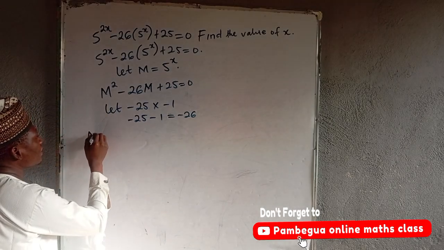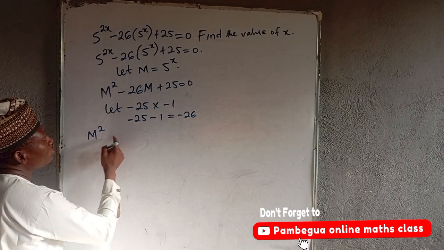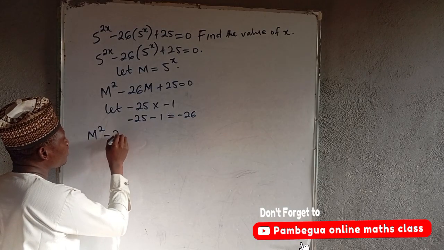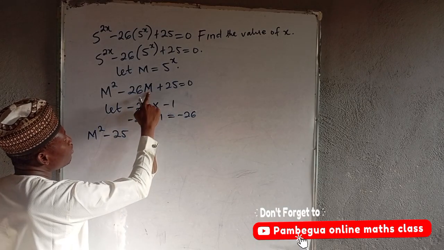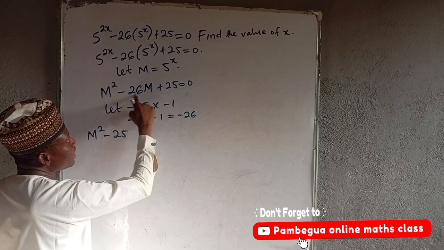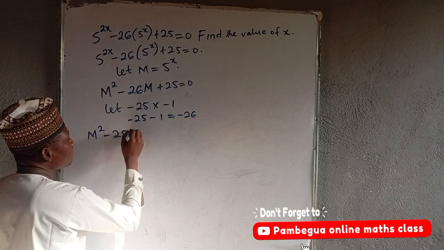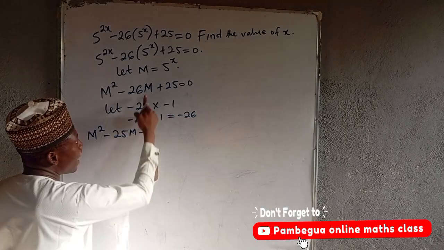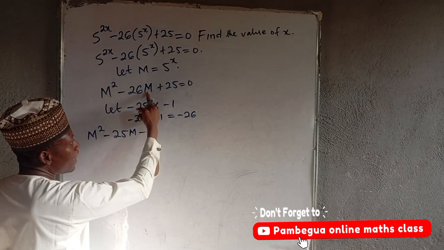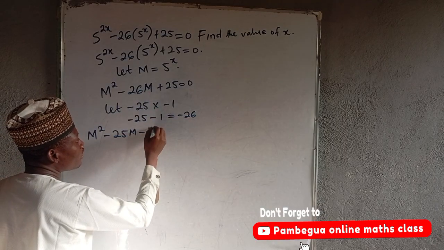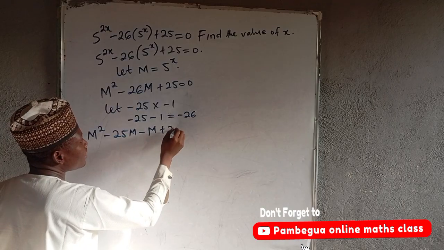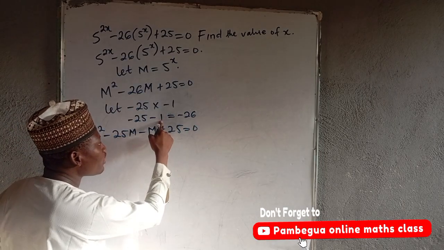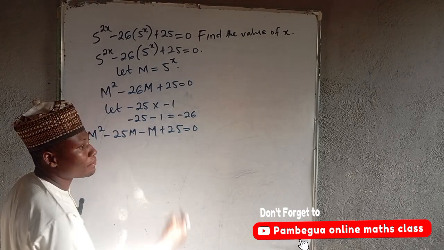So by saying m squared, I have minus 25m, then minus m, plus 25 equals 0, because the minus 1 is going to be minus m.